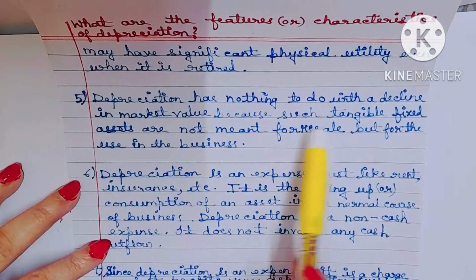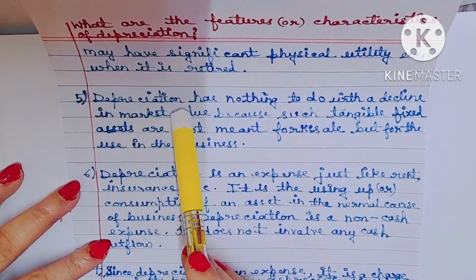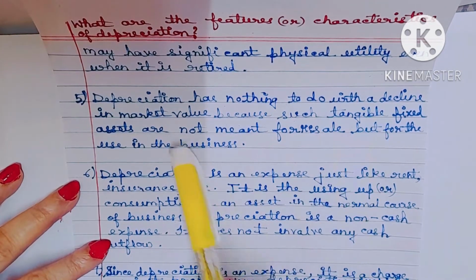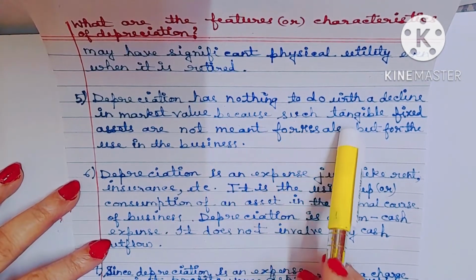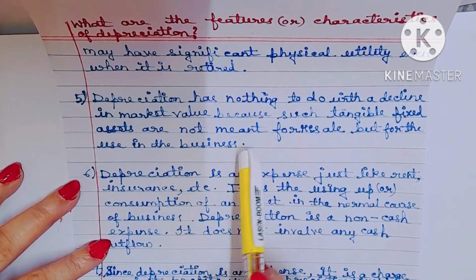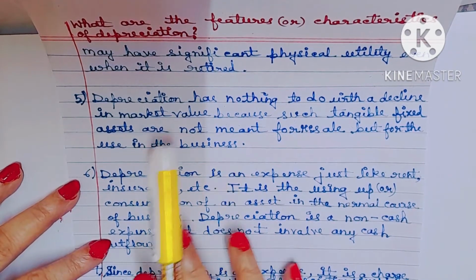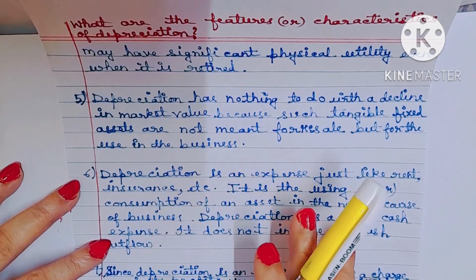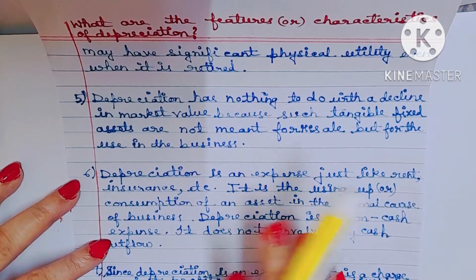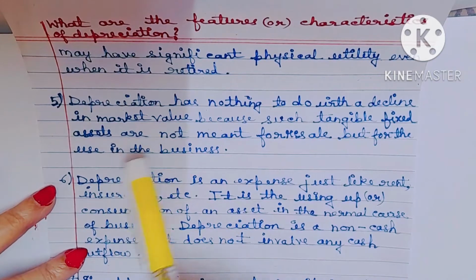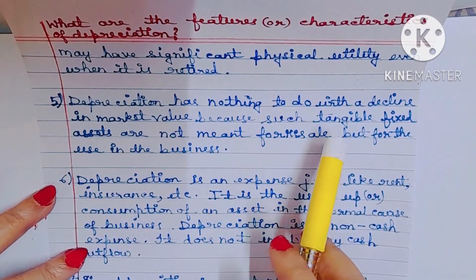Understood? Number 5, depreciation has nothing to do with a decline in market value, because such tangible fixed assets are not meant for resale but for use in the business. Whether the market value declines or decreases, it does not matter. Depreciation has got nothing to do with a decline in the market value. Why?